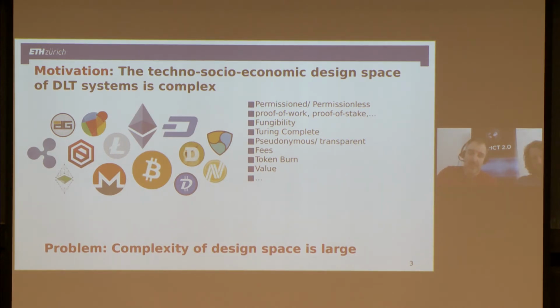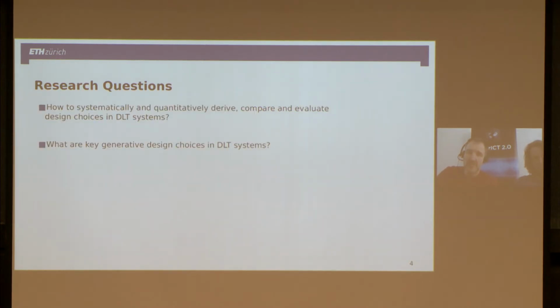So we came up with 2 research questions out of the larger project. The first one is an analytical one: how to systematically and quantitatively derive, compare, and evaluate design choices in DLT systems? So what makes Bitcoin and Ethereum differ from Ripple or Dash or Monero?